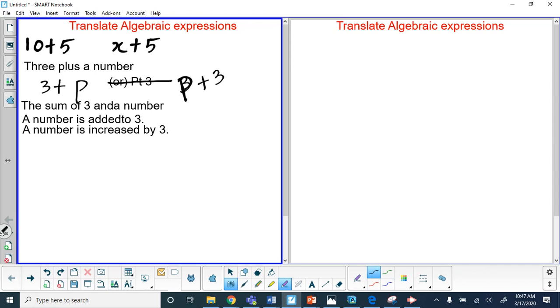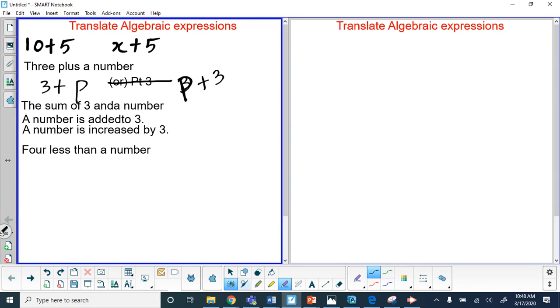Let's have 4 less than a number. Translate 4 less than a number into an algebraic term.